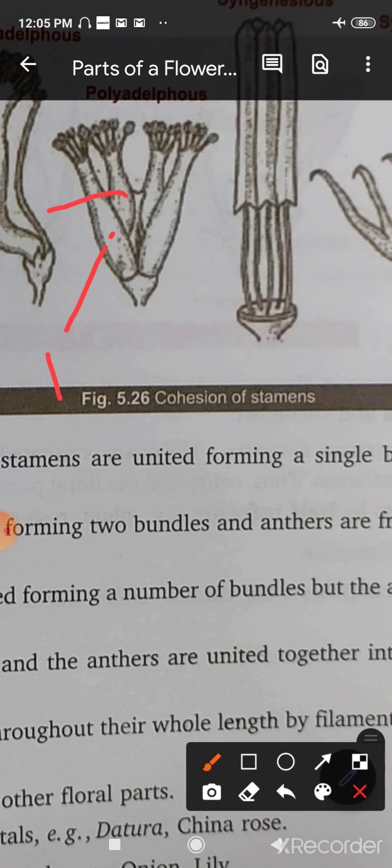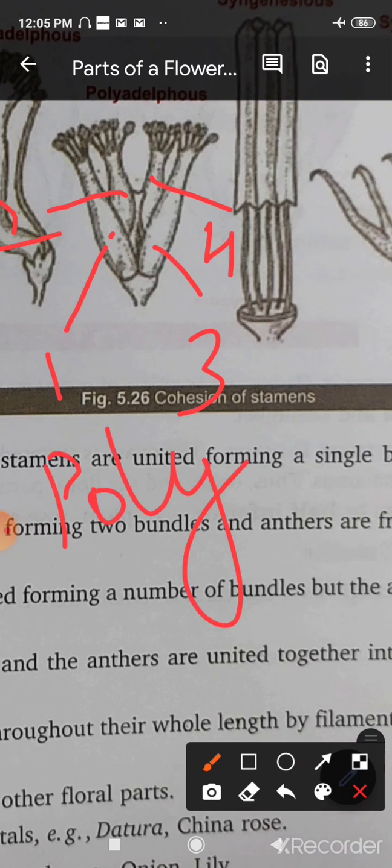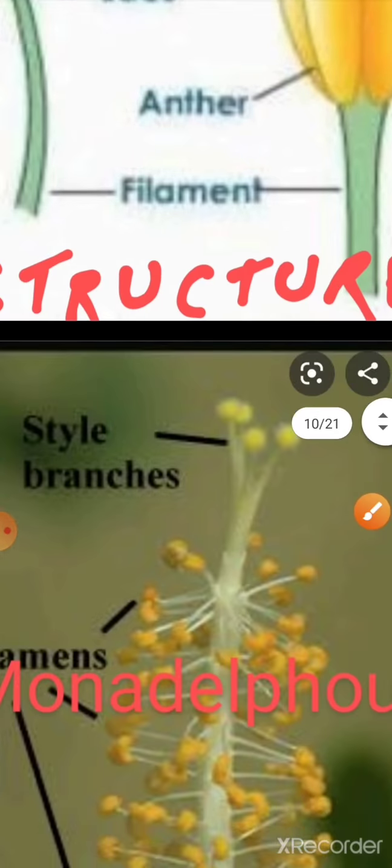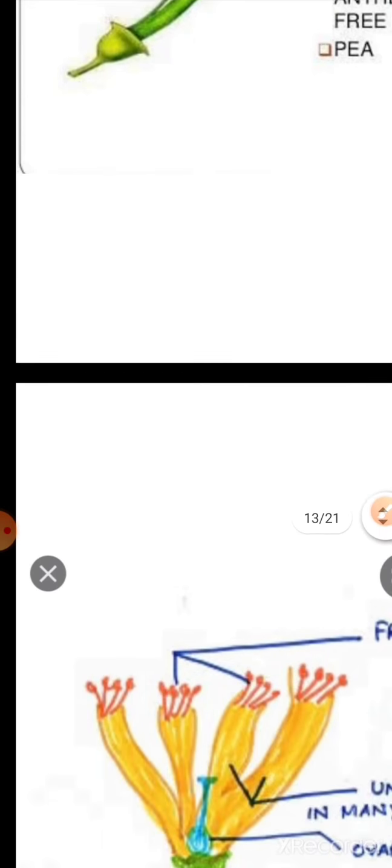You can see 1, 2, 3 and 4, more than one, so they are polyadelphous, with many bundles. If you look at the anthers, all the anthers are free from each other. So that is the polyadelphous condition of the stamen.